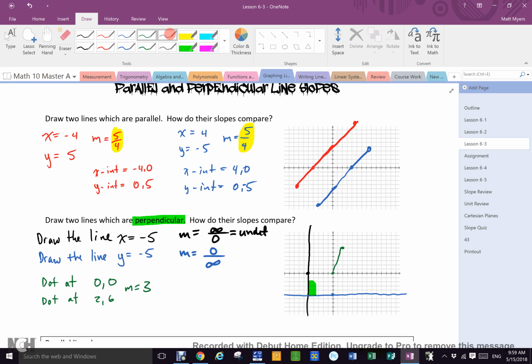Now, put a dot at 6, 0, and put a dot at 0, 2.